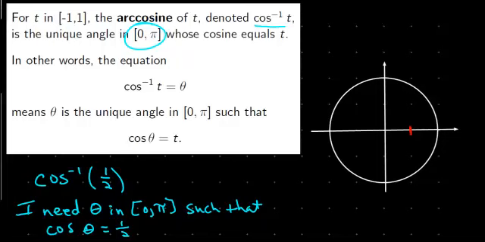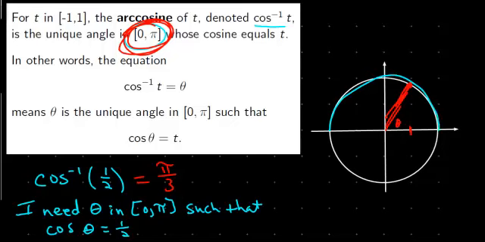So it's going to be up in that angle there. Okay, so that angle is going to be pi over 3. And note that when I'm talking about the inverse cosine, I'm talking about this arc right here. So everything's going to come from there, 0 to pi.